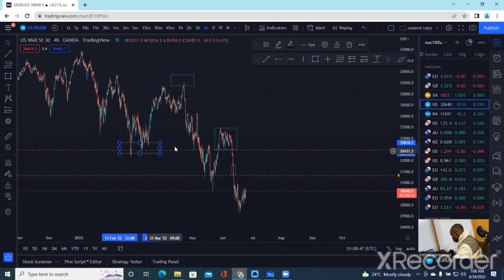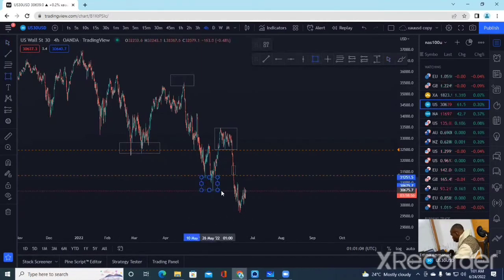So here is the high, and don't mind this, it is just a pullback, so we will not count this. Now here's the highs, and here is the lows.